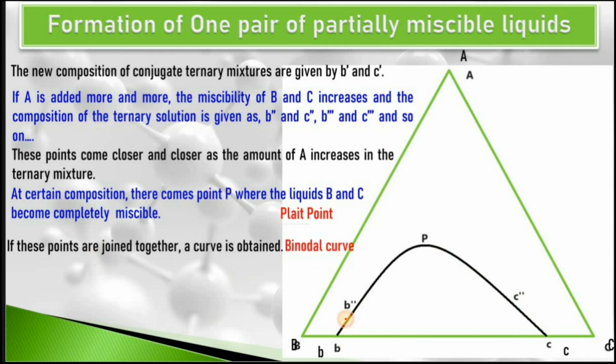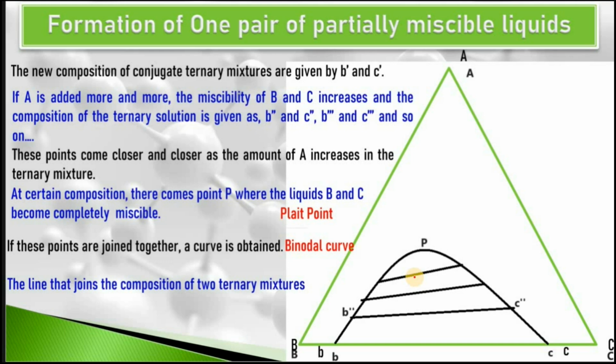So here, curve B, B dash P, C dash C represents a binodal curve. And in this curve, two points lying on a curve are joined with the help of straight lines. The lines that join the composition of two ternary mixtures on binodal curves are known as tie lines.